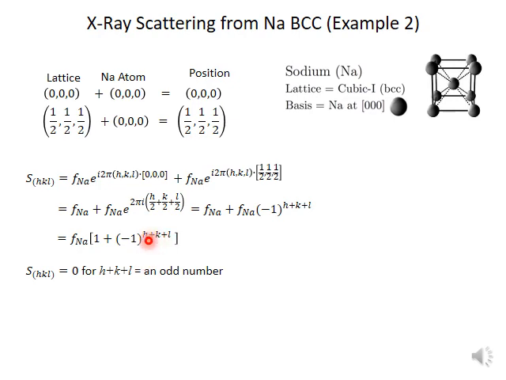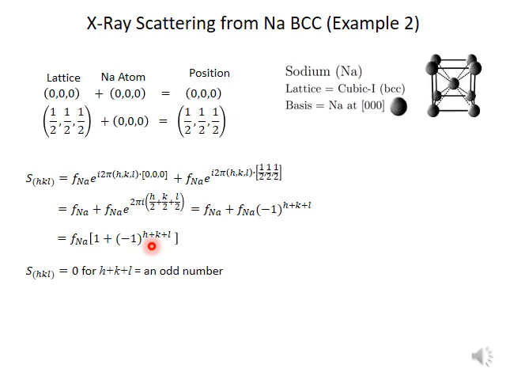What if you have h plus k plus l such that the summation of indices gives you an odd number? So let's say I have h equals 1, k equals 1, l equals 1. That would be 3, an odd number. So -1 to the power of an odd number is -1, and -1 with a plus 1 would give you 0. So the structure factor would be 0 for 1 1 1, where h plus k plus l is an odd number.